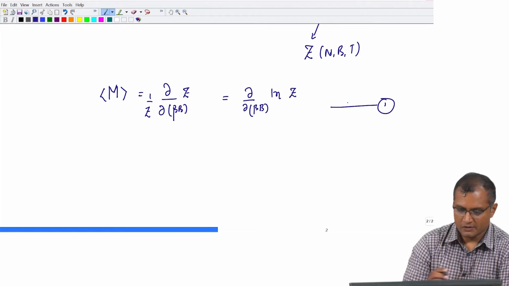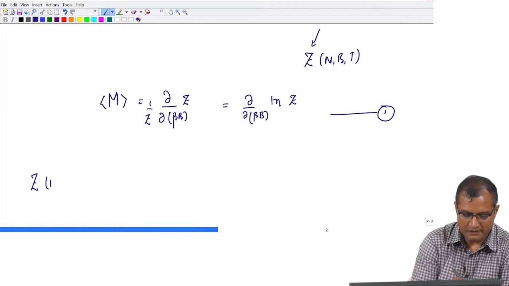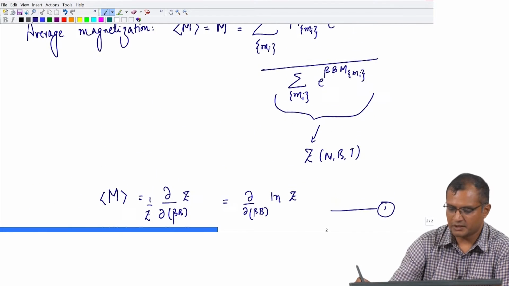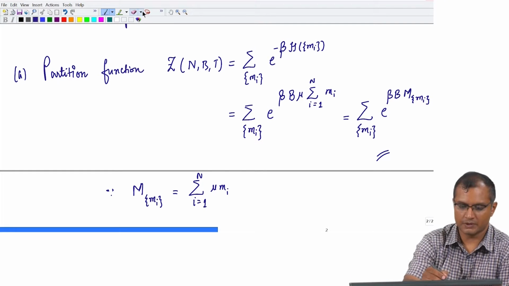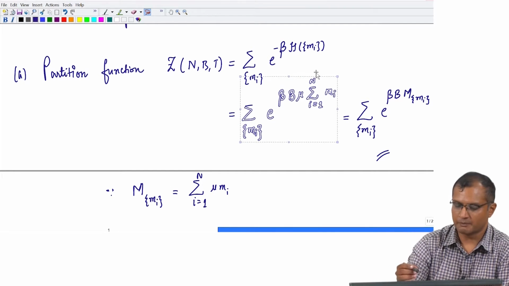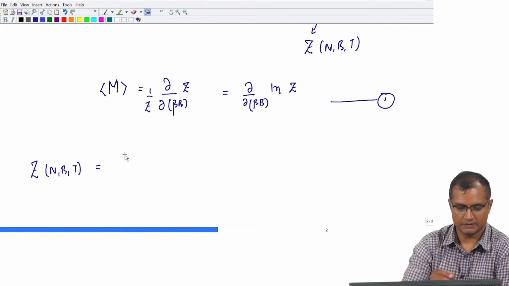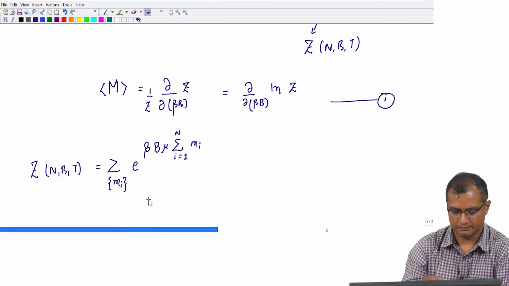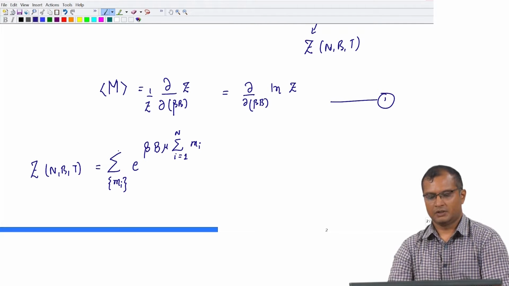So, let us continue with our partition function. Our partition function at constant field and temperature was already computed up to this step. I am just going to copy it here, pre-computed.